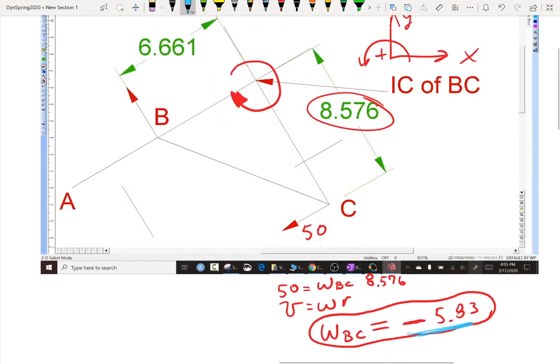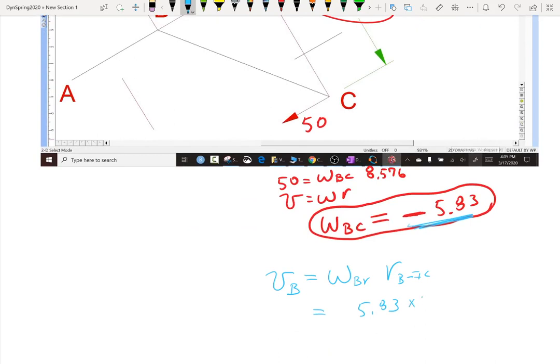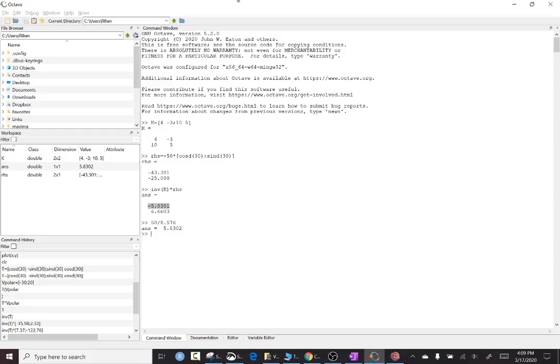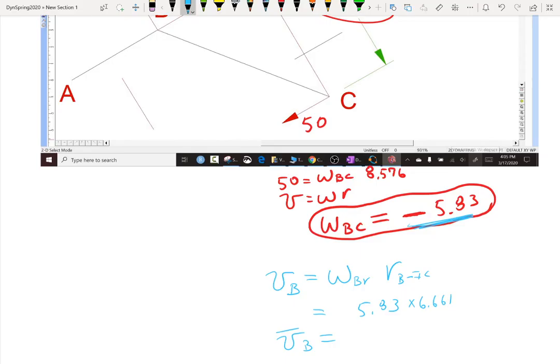The distance there is 6.66, so the velocity of B becomes 38.829. So that's the actual magnitude of the velocity of B.